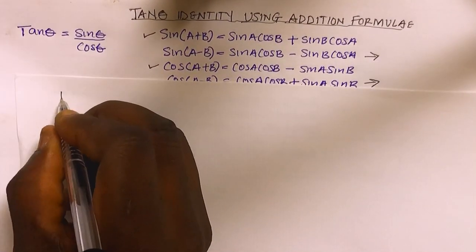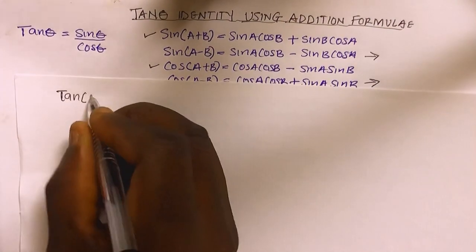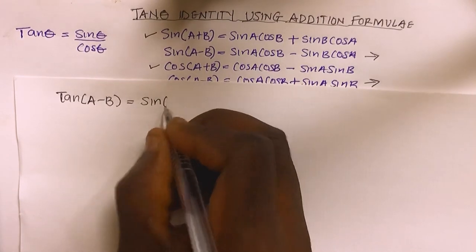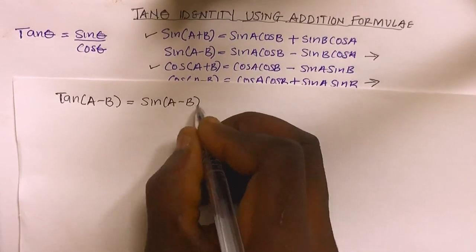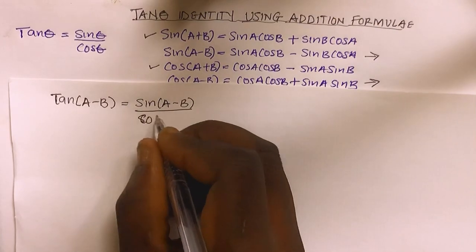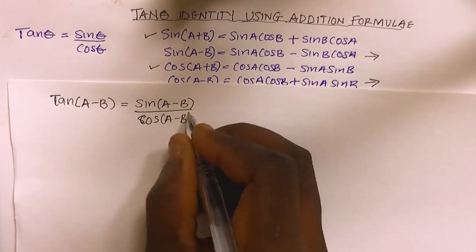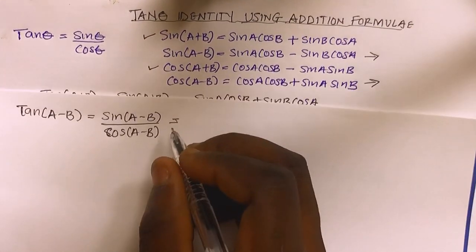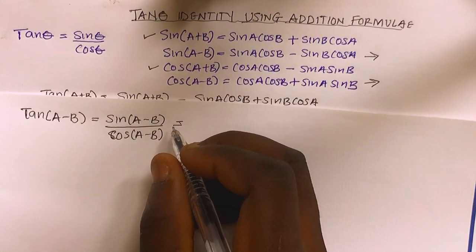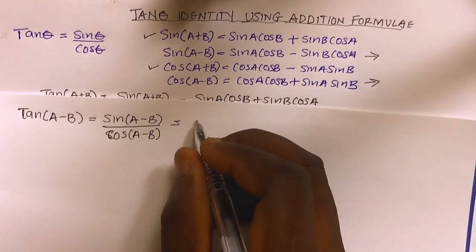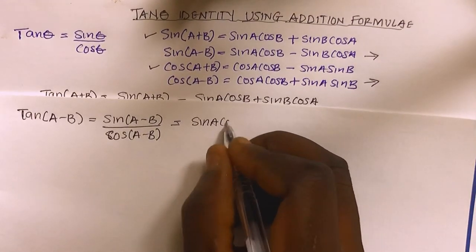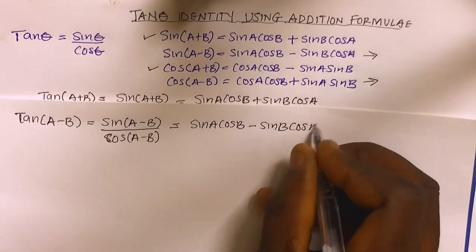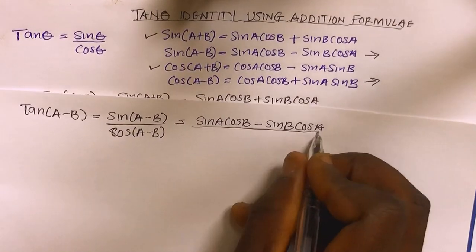We have tan A minus B, which is going to be equal to sine A minus B divided by cos A minus B. And I can re-express this: my sine A minus B is actually sine A cos B minus sine B cos A, divided by what am I having here?